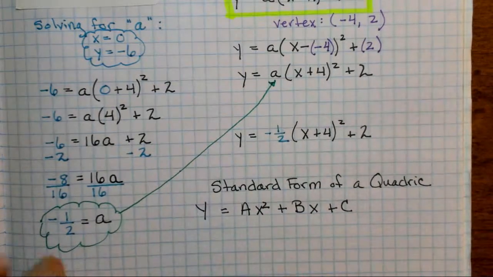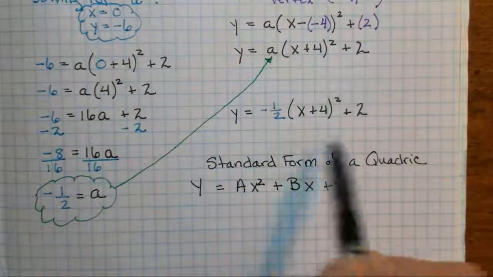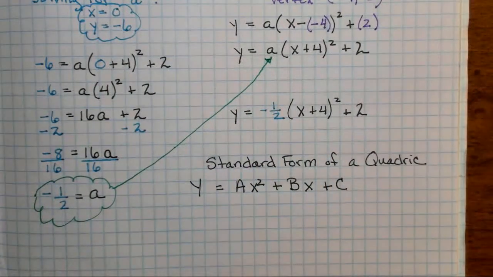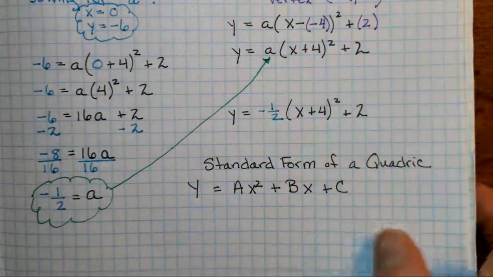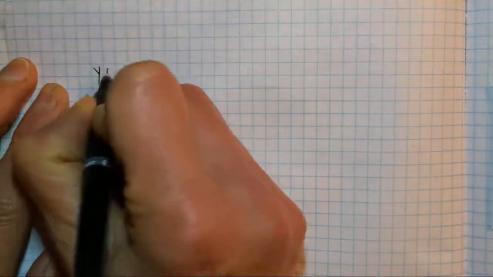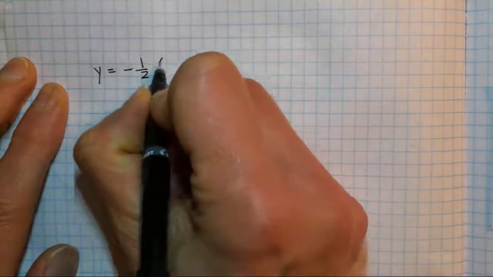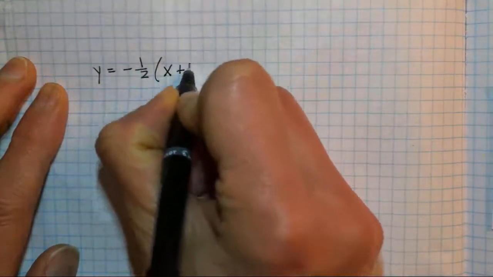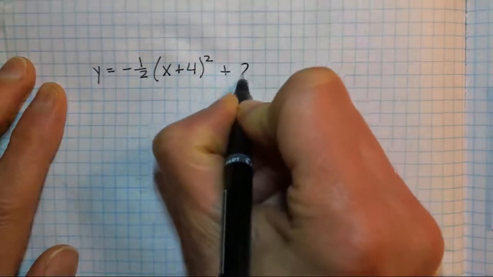Okay? So what I have to do is I have to simplify this first. So let's look at how we're going to do that. I'm going to go over on another paper and I'm going to write this down because it's going to take some space. So I have y is equal to -1/2 x plus 4 all squared plus 2.